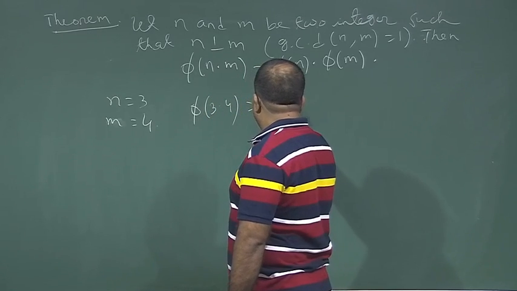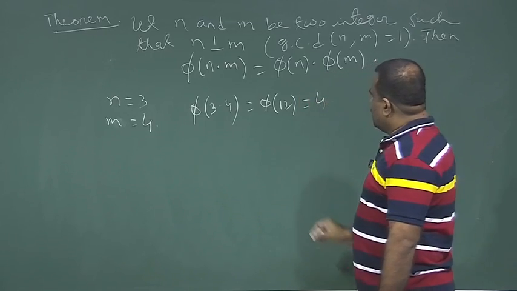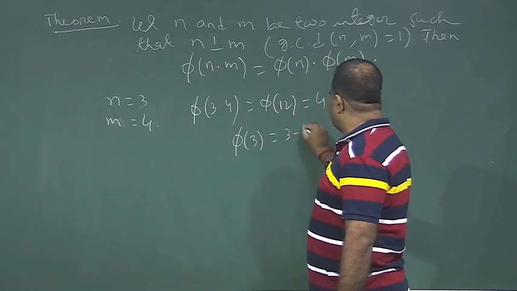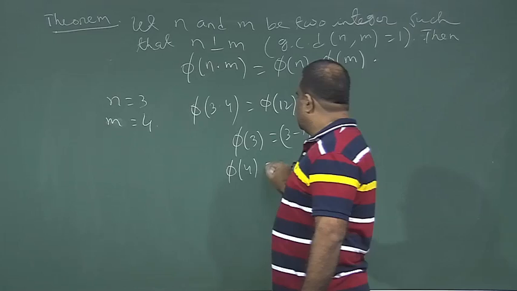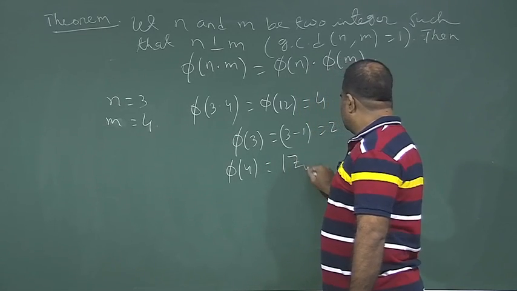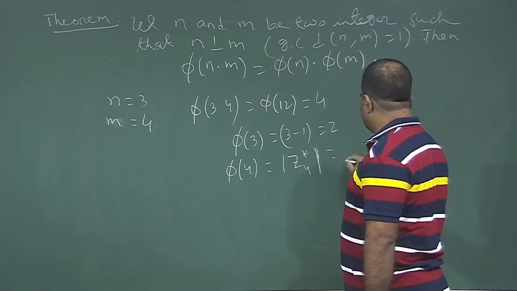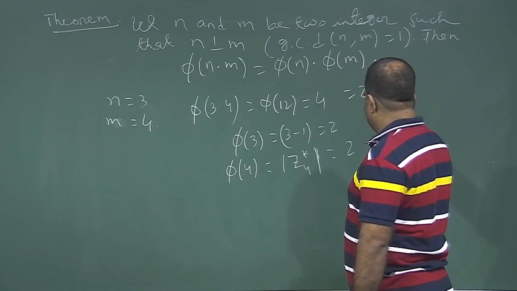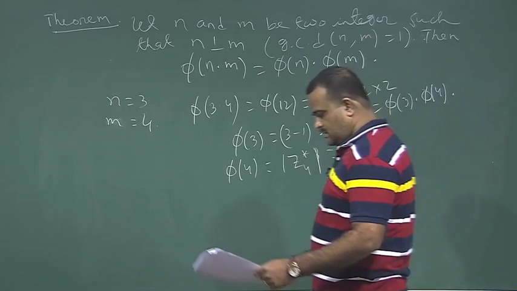So, this is basically phi 12, which we have seen is 4. Now, what is phi 3? 3 is a prime, so phi 3 is 3 minus 1, which is 2. Now, what is phi 4? Phi 4 is the cardinality of Z4 star, so it is 2. So, this is 2 into 2, which is phi 3 into phi 4.